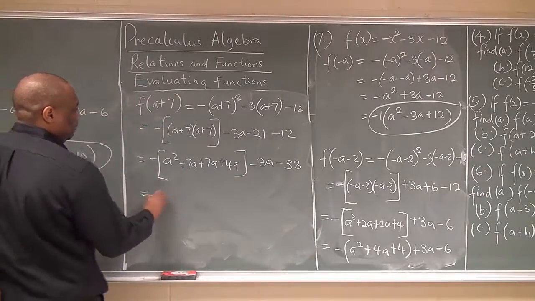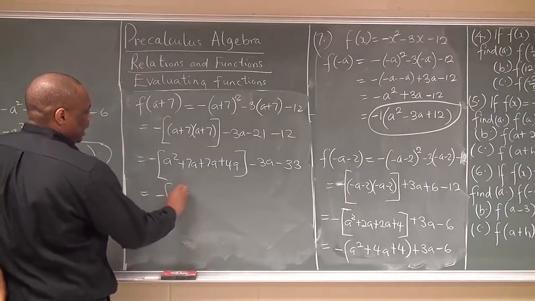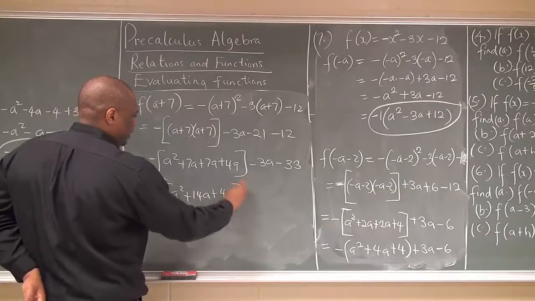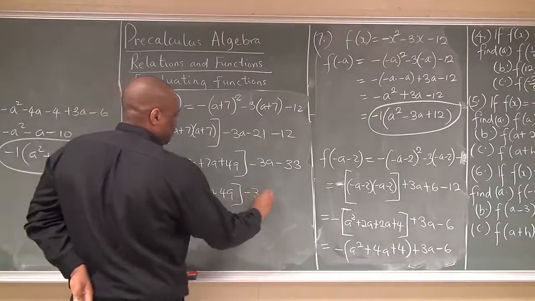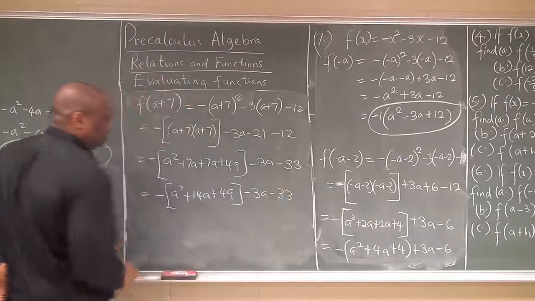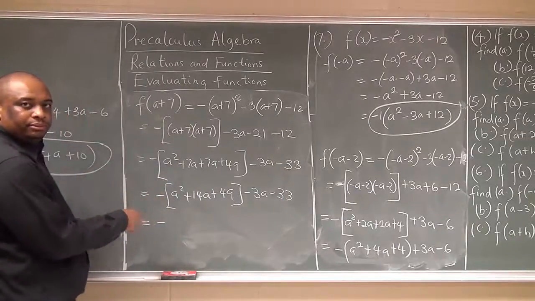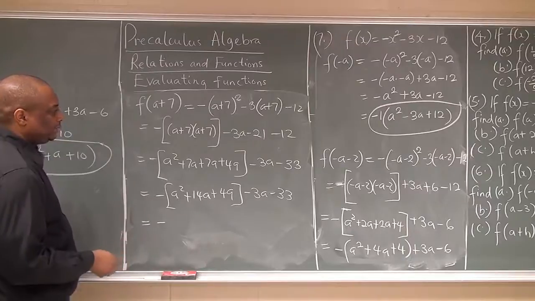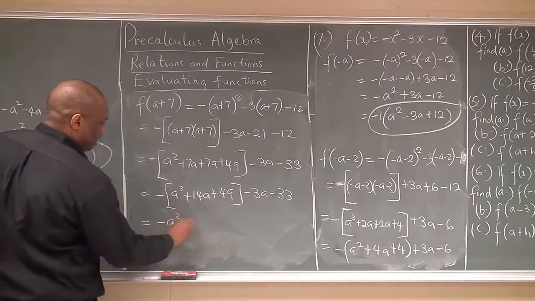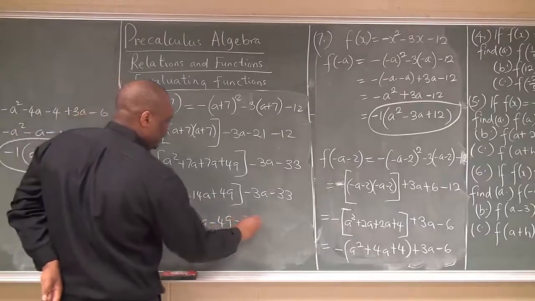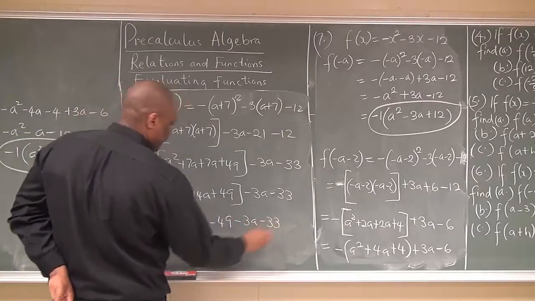So this will be minus a squared plus 14a plus 49 minus 3a minus 33. So this will be, now distribute and open the bracket. Okay? Minus a squared minus 14a minus 49 minus 3a minus 33.